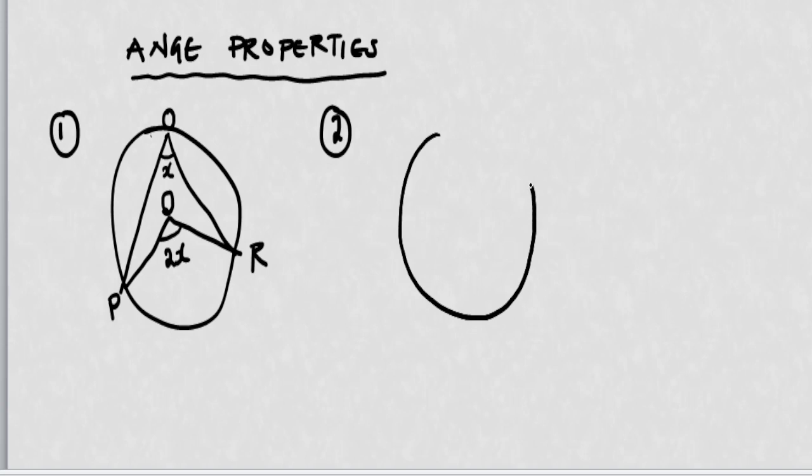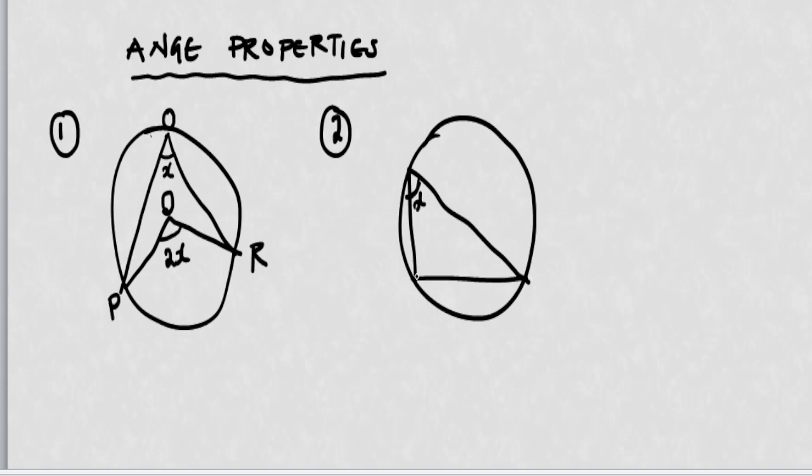Suppose this is a circle, then this is a segment. There is an angle here that will go from that end to that end. This is an angle from that segment. I can say this is angle x.